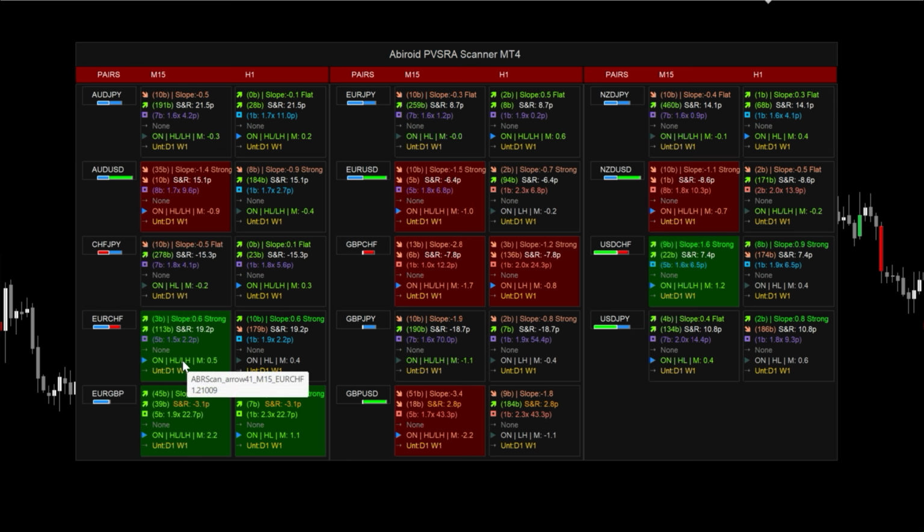And HL, LH, it will look for a wave with higher lows or lower highs. And this M is actually the momentum of EMA 89. If this momentum is high and it's corresponding with our ongoing slope, then that will show up in green. And if it's increasing, you will get a higher momentum.